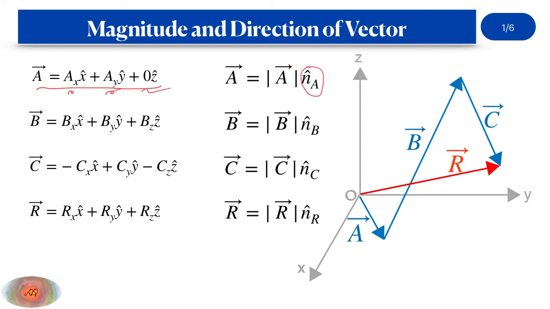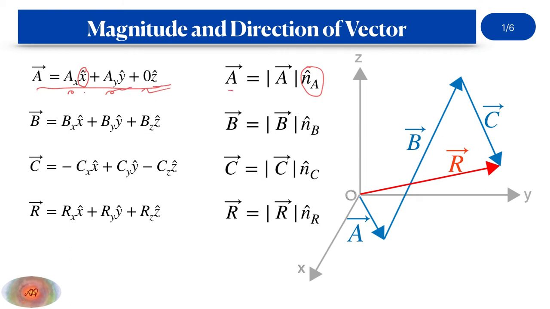Now when you are writing a vector in terms of each and every component, the unit vectors represent the directions of the vector along the x direction, y direction and z direction.